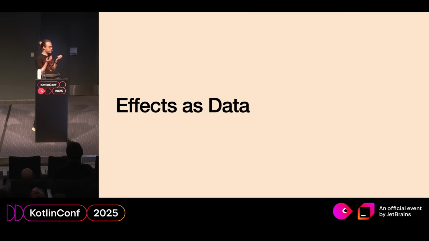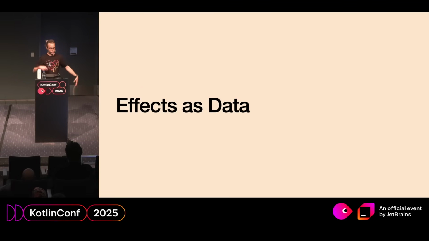Another cool place where we could squeeze data in is effects. Effect systems deserve their own talk. I'm not here to talk too much about effects as an idea, but the idea is that instead of doing side effects right in our code, we can extract them into some data and apply them indirectly through some effect handler.